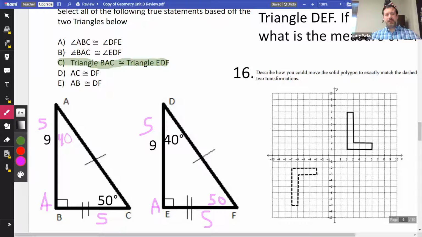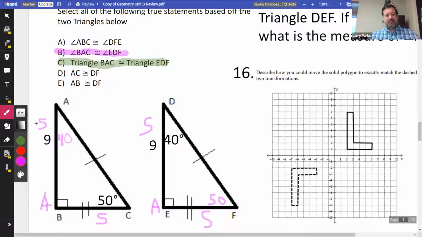So going through that again, ABC would be this angle. And DFE would be this angle. Those are not equal. And then BAC, that'd be this angle. EDF, that'd be this angle. Yes, they are congruent. So that one's true.